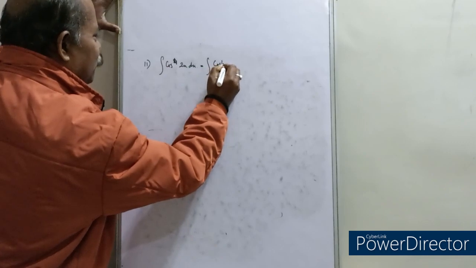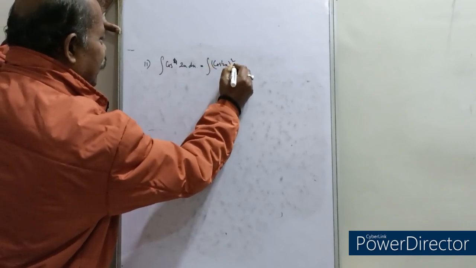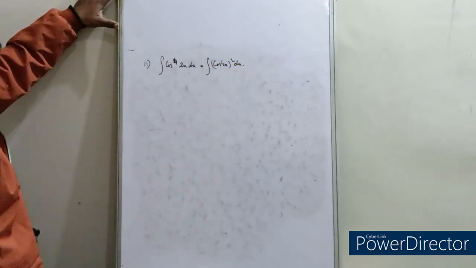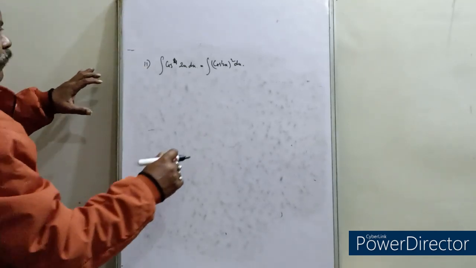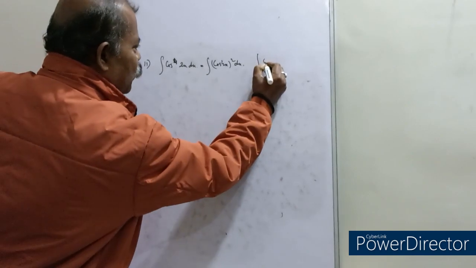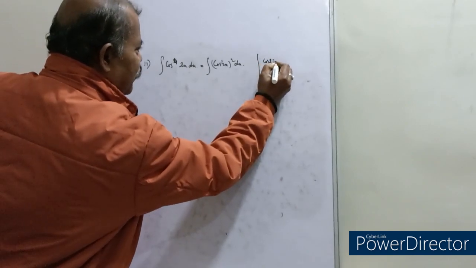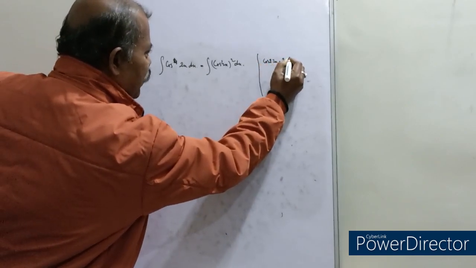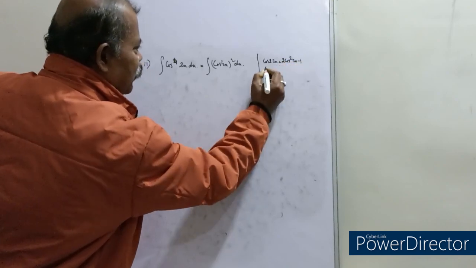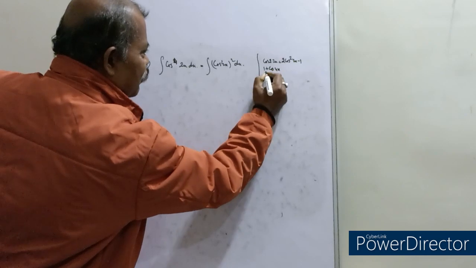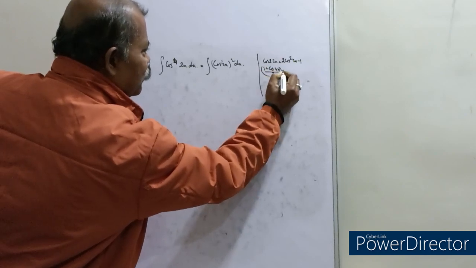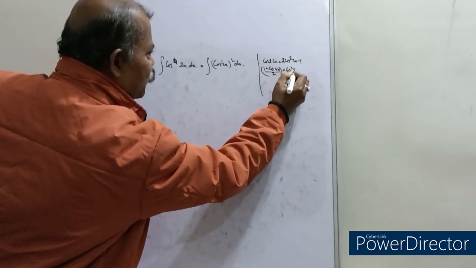Cos square 2x the whole square dx. Now what is the formula of cos square 2x? Here you see cos 2 into 2x is equal to 2 cos square 2x minus 1. So 1 plus cos 4x by 2 is equal to cos square 2x.